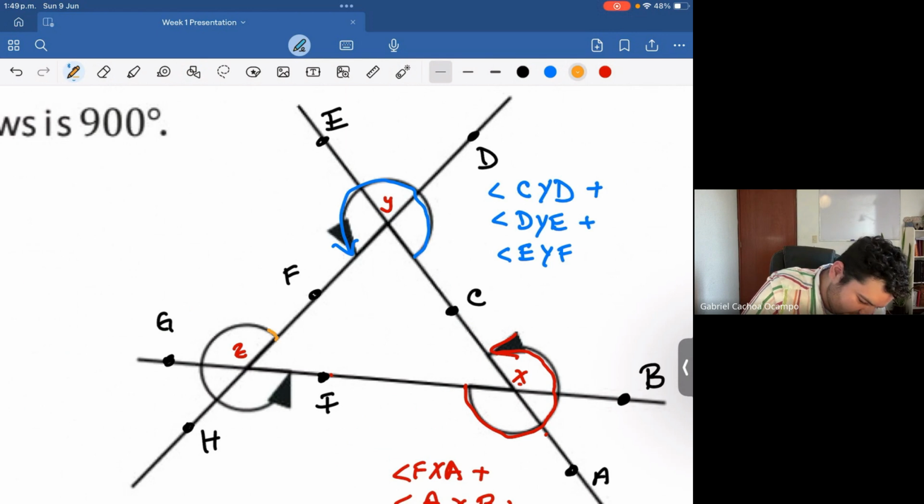And this last one is angle FCG plus GCH plus HCI.